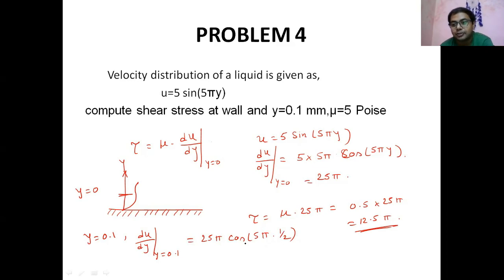Cos pi by 2, cos 3 pi by 2, all values are 0, so it will come to 0. So your stress value will also come as 0. That is interesting in this question.